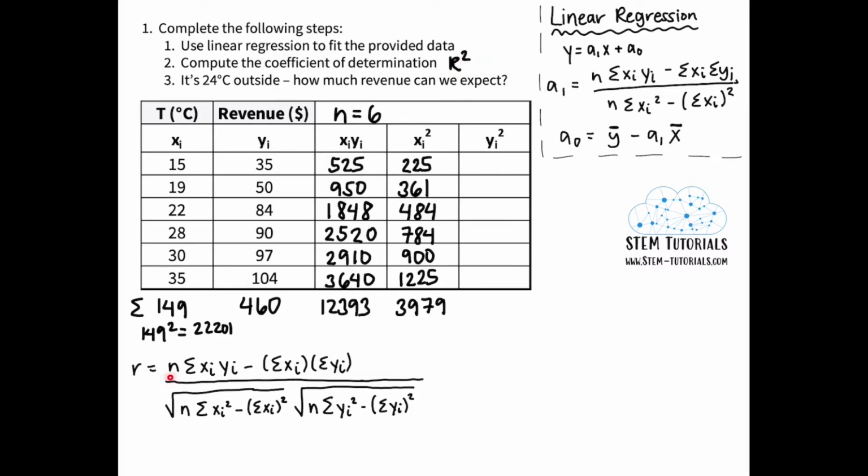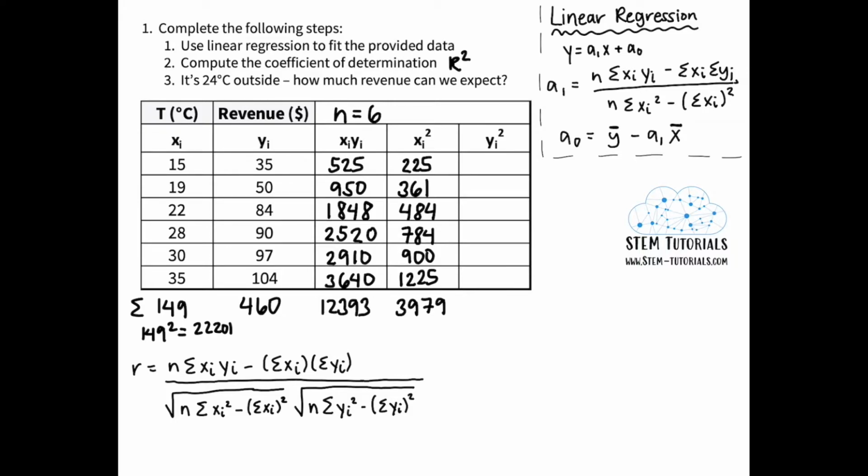So all we're going to do now is substitute these different values, many of which we already computed for our linear regression line. The only missing values that you'll see at the moment is that we haven't accounted for these yi values. So this is, like I said, why we have this column here. So let's just go ahead and already compute our yi squared values. Again, I'm just taking these y values and squaring it.